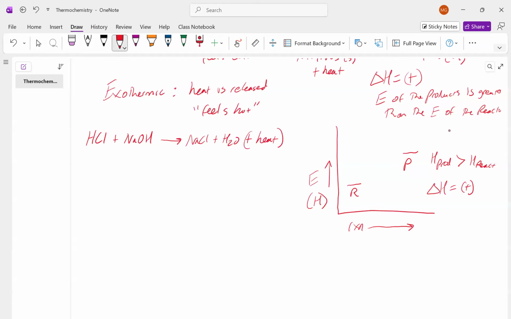So here, heat is a product of the reaction. This is exothermic because heat is being released. In this case, the sign of delta H will be negative. The energy of the products is less than the energy of the reactants.